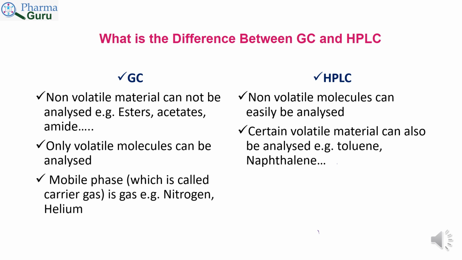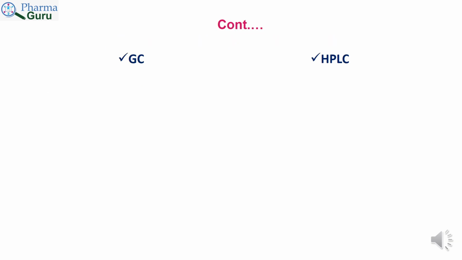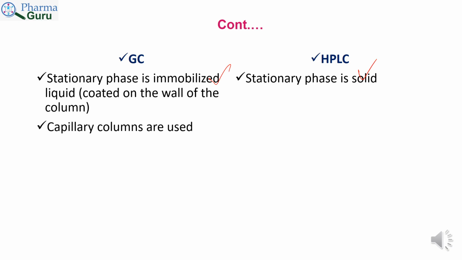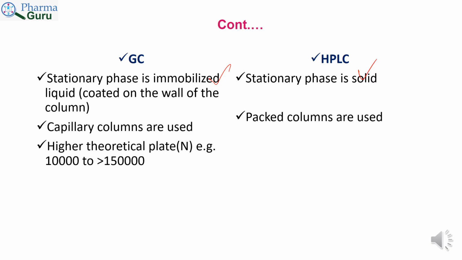Generally, nitrogen and helium are used as a carrier gas, whereas in HPLC, a mobile phase is liquid. In GC, stationary phase is immobilized liquid, whereas in HPLC, stationary phase is a solid. In GC, capillary column is used, whereas in HPLC, packed columns are used.